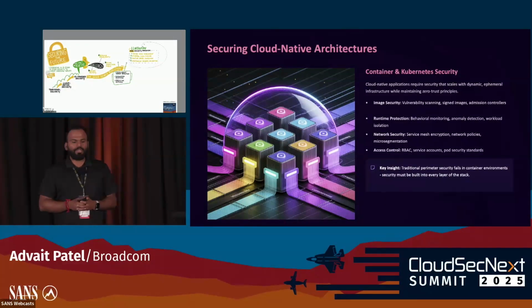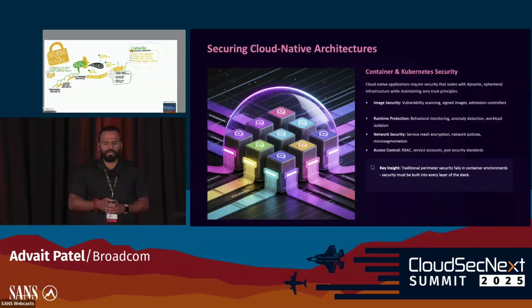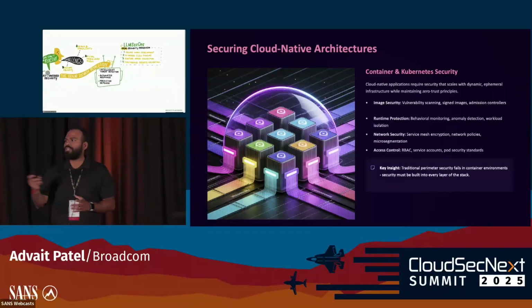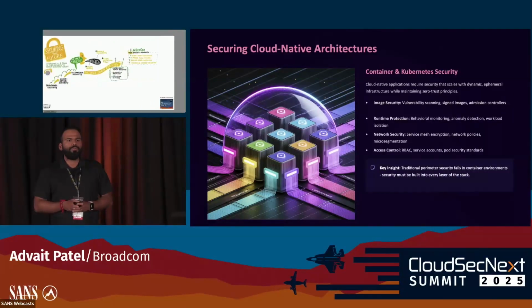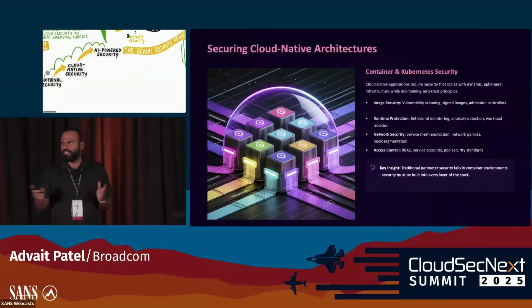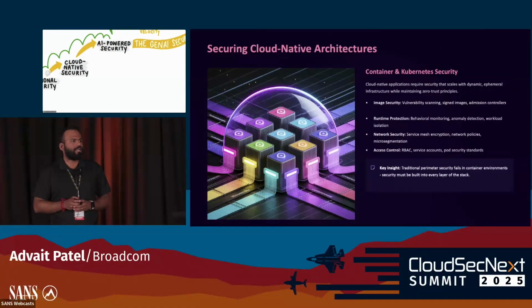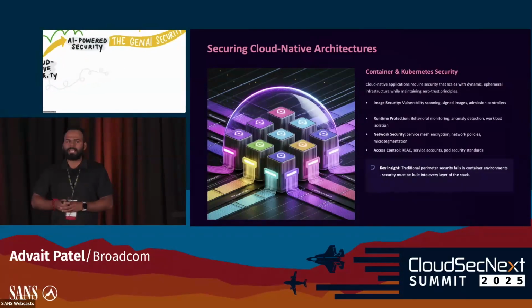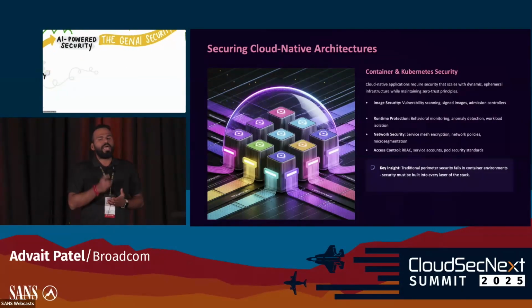In runtime protection, we continuously check the behavioral aspects through monitoring, then do anomaly detection, and then isolate the workloads accordingly. We also encrypt east-west traffic, whatever comes into the picture, we have to encrypt, and then isolate using micro segmentation, right? Your production environment has to be different from your lab environment and dev environment.